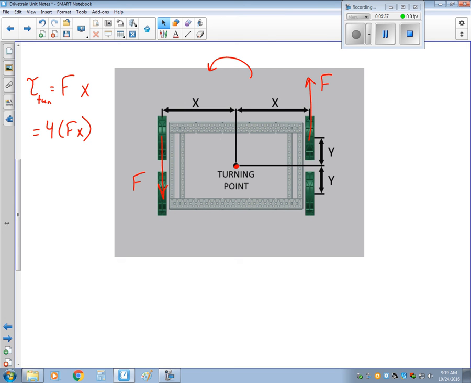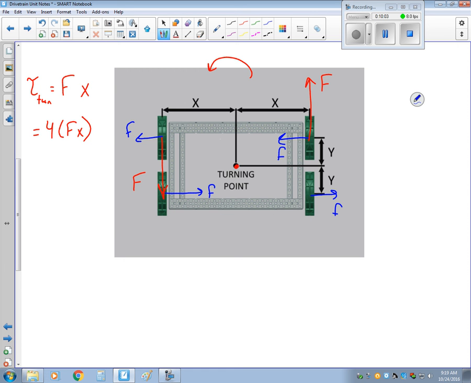Now as these turn, there's going to be some friction. So as this turns, there's going to be some friction pointing in this way and some friction pointing that way. Friction opposes sliding. So think about how this wheel's trying to slide.